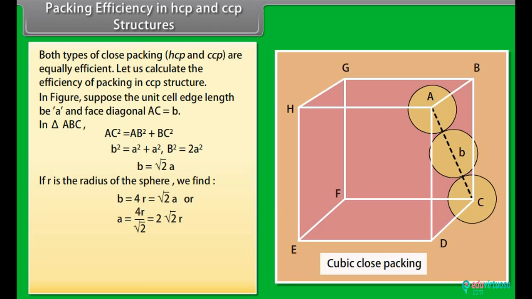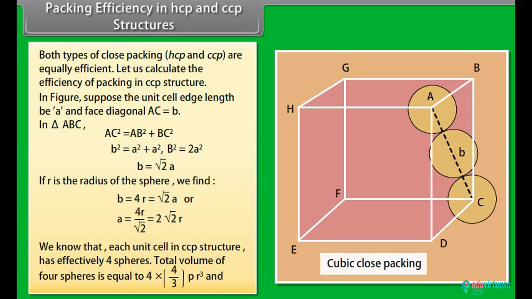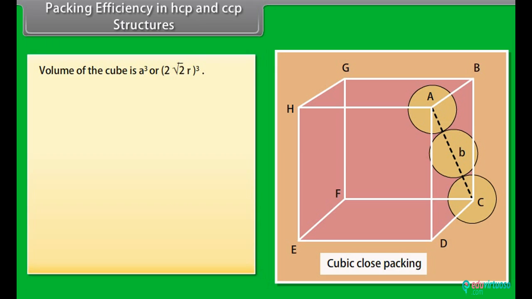We know that each unit cell in CCP structure has effectively 4 spheres. The total volume of 4 spheres is equal to 4 into 4 upon 3 into pi r cube, and the volume of the cube is a cube, or (2 square root 2 r) cube.